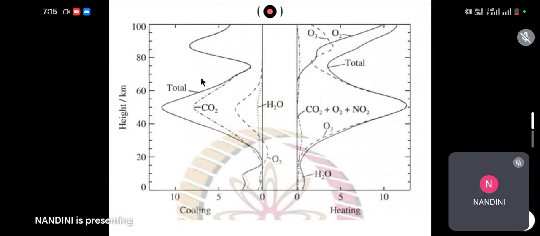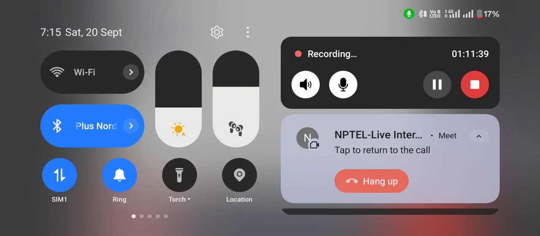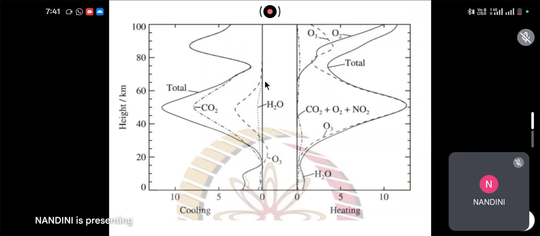So this basically shows you the heating and cooling rates of different gases. The atmosphere absorbs and emits radiation, and it also heats up and cools down.